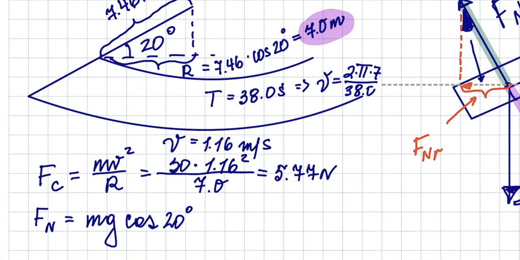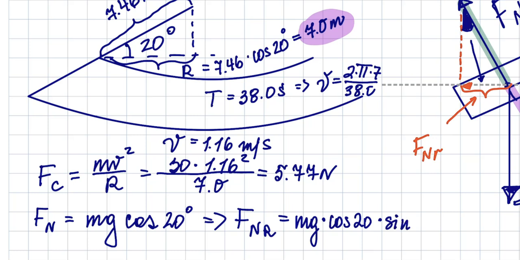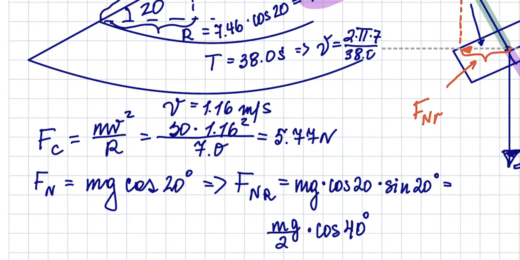So I end up with force normal radial, mg cosine of 20 times sine of 20, so it's the same as mg over 2 times sine of 40.